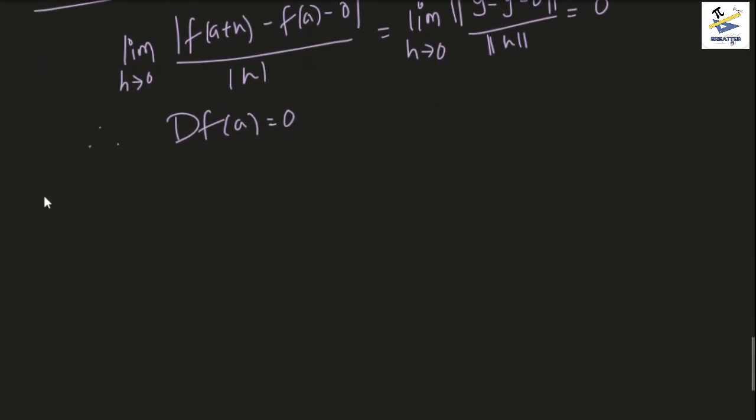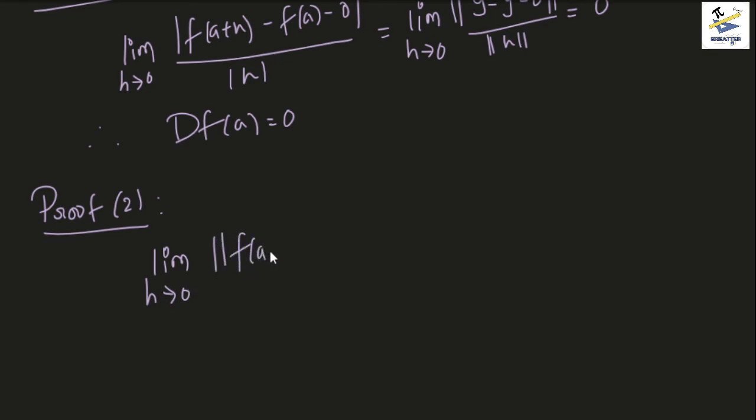Number 2, so since f is the linear transformation here and we want to prove that the derivative is itself, we can say the following limit: f of a plus h minus f of a, and this answer should be f of a into h, right?